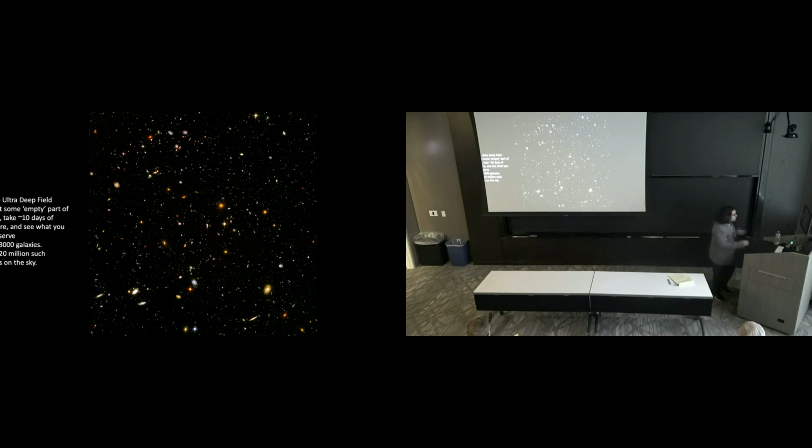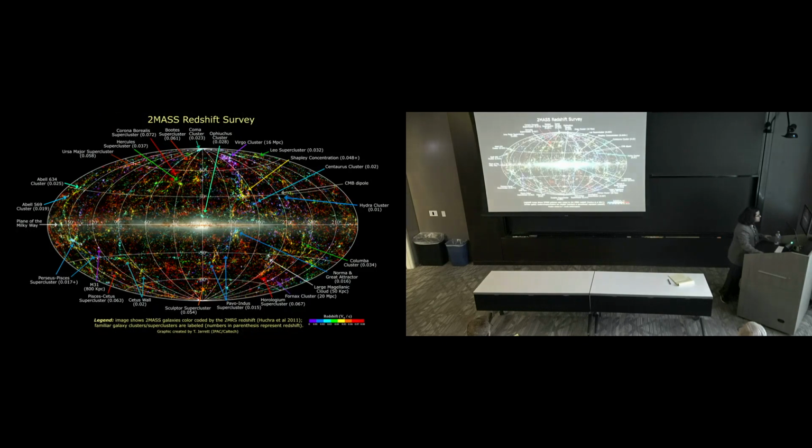But if you look even more carefully, Hubble was, I think, in the mid-90s. If you look even more carefully, this is a survey done around 2000. And this is another of these maps of the sky where they've projected everything onto an oval.